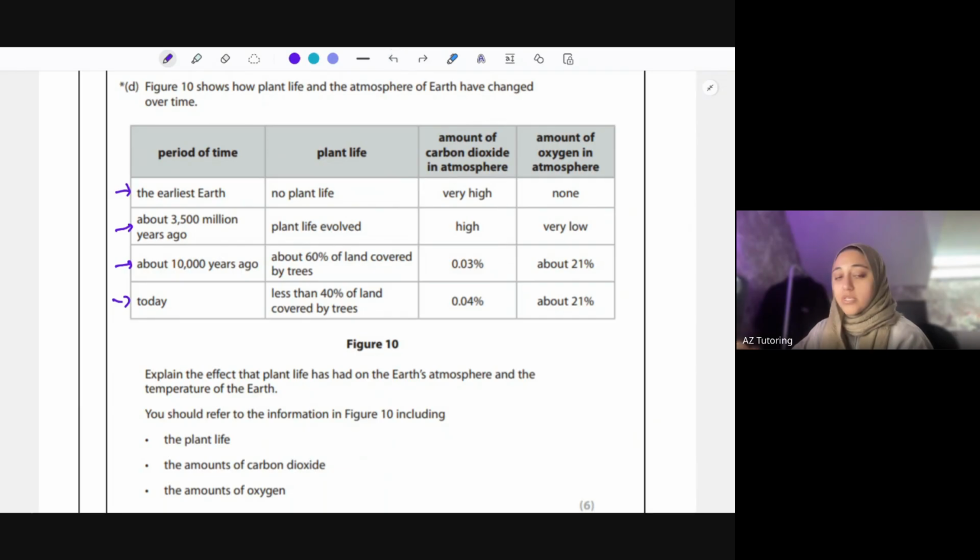That's because it's been trapped in oceans over time. So the oceans ended up forming. A lot of the carbon got trapped into there, so it ended up decreasing. And also, plants came about as well, and plants were using that carbon dioxide for photosynthesis, again decreasing the amount of carbon dioxide. And the amount of oxygen in the atmosphere, you can see it went from none and it has increased. Again, that's because of photosynthesis, that these plants that have evolved ended up photosynthesizing and releasing oxygen into the atmosphere.